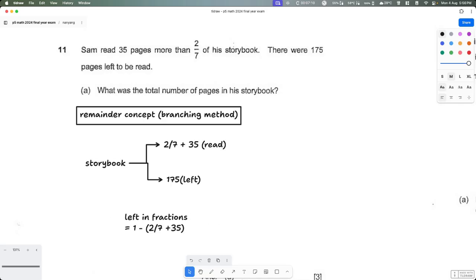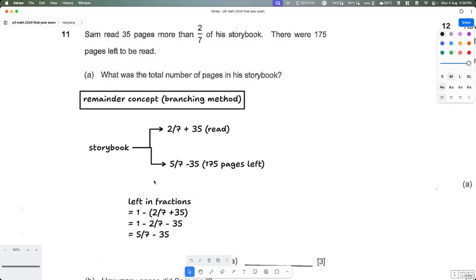Left in fraction, so basically this will be 1 minus 2 out of 7, and then minus 35. So this will then become 5 over 7 minus 35. So in this case, 175 pages left is equal to 5 out of 7 minus 35.